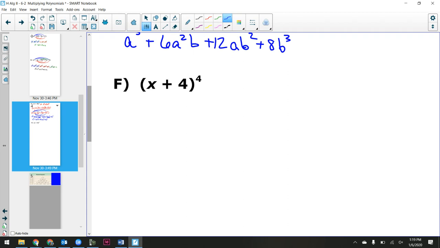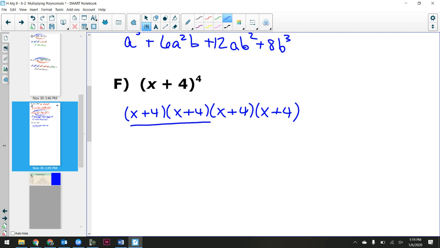Ooh, something to the fourth power. This is fun. Okay, work smarter, not harder here. If I multiply these two together, isn't that the same thing as if I multiply these two together? Okay, so let's take a look here. x plus 4 times x plus 4.